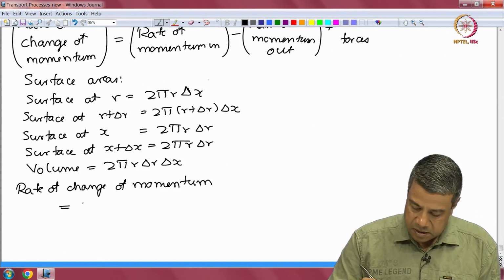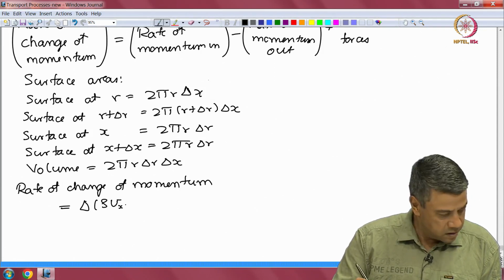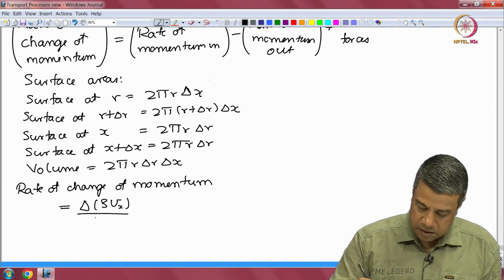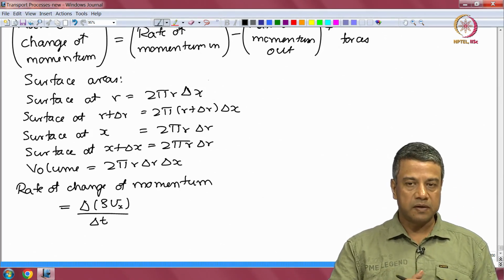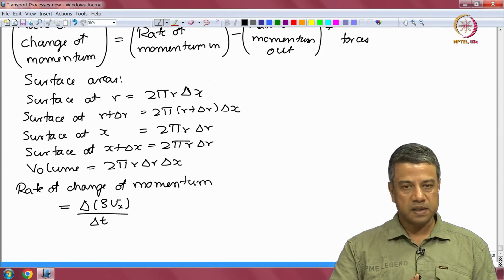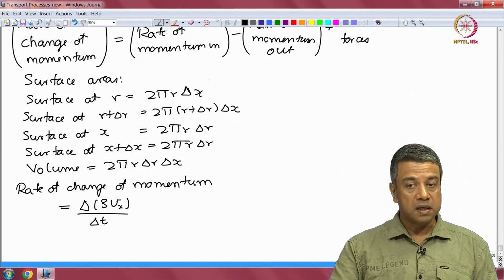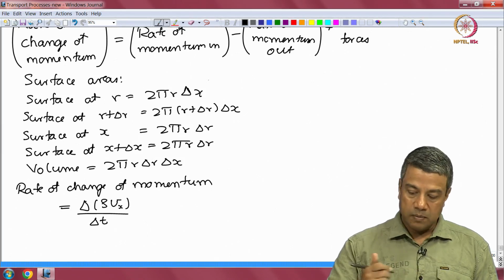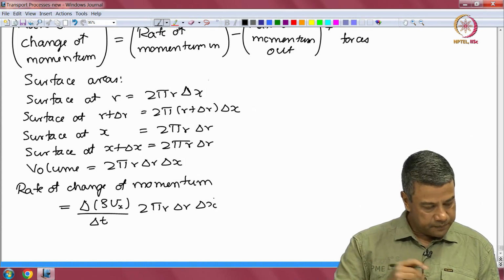Change in momentum density is delta of rho Vx by delta t. The rate of change of momentum in a time interval delta t is going to be equal to rho Vx at t plus delta t minus rho Vx at t divided by delta t. That is change in momentum density multiplied by the volume 2 pi r delta x.